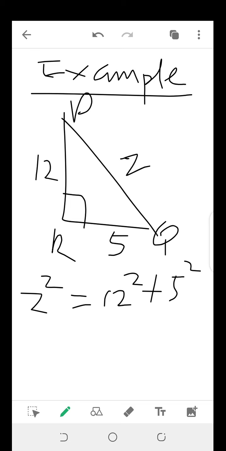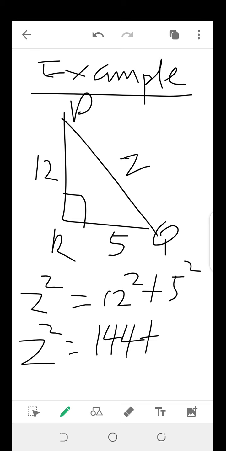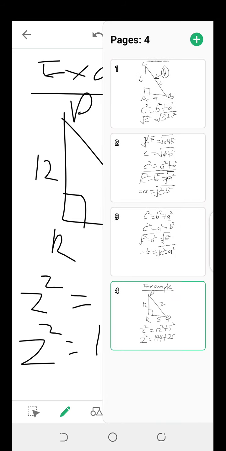So z square is now equal to 12 square. 12 times 12 gives us 144. 144 plus 5 square, which is 25. So 144 plus 25 gives us 169.